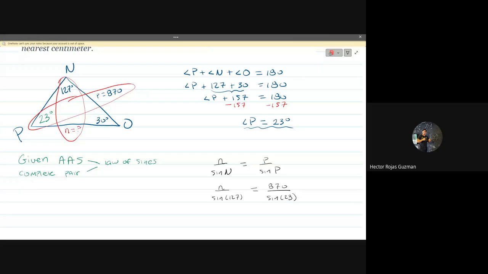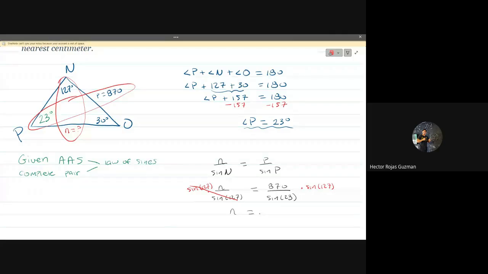Go ahead and multiply both sides by sine of 127. These will cancel. Just plug it into your calculator. Make sure that your calculator is set to degrees, though. Since my angles are in degrees, the calculator has to be in degrees. 870 times sine of 127 divided by sine of 23 gives me, that's crazy.